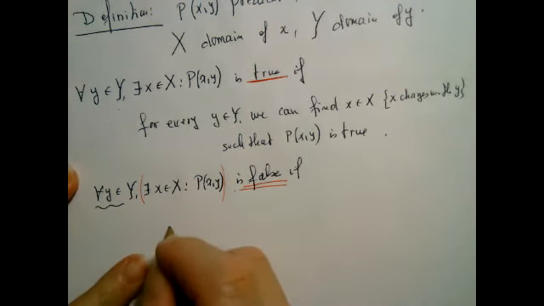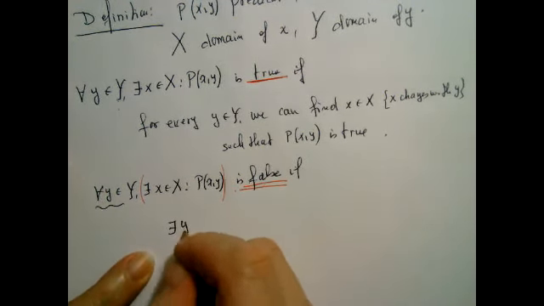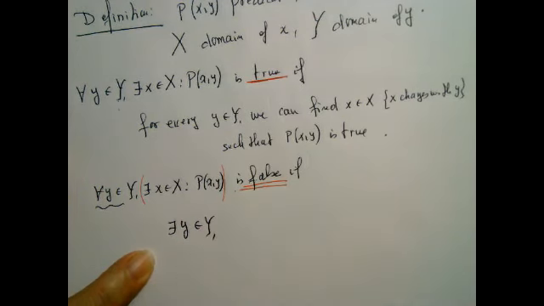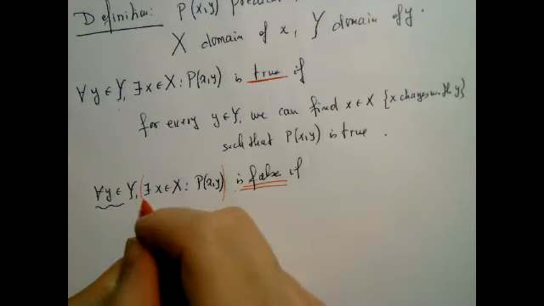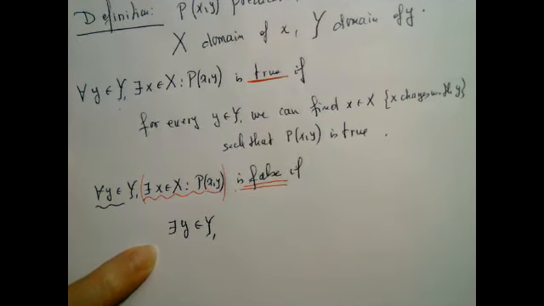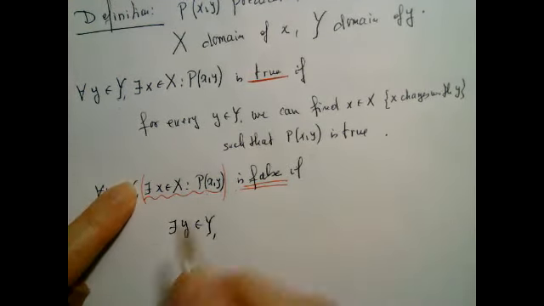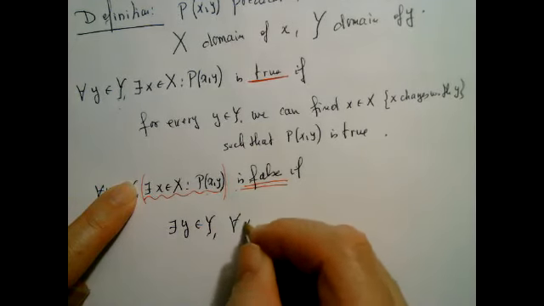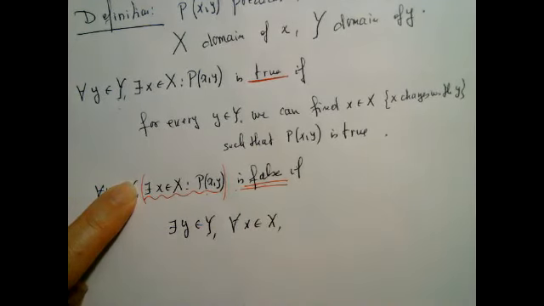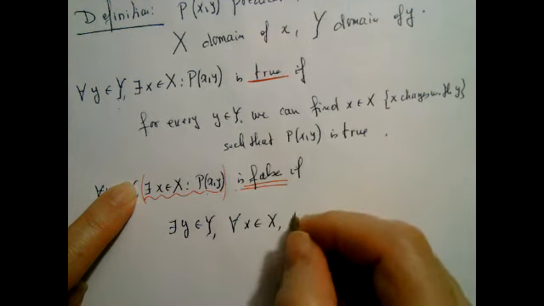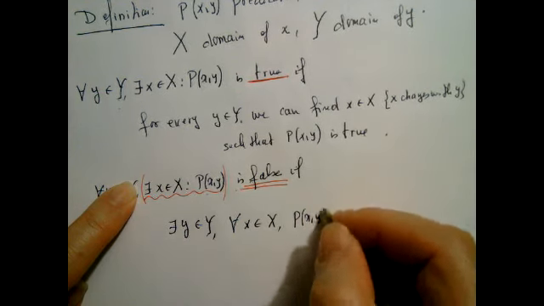It's false if we can find a y that makes this statement false. Means we can find a y such that no matter what x is, P of x, y is false.